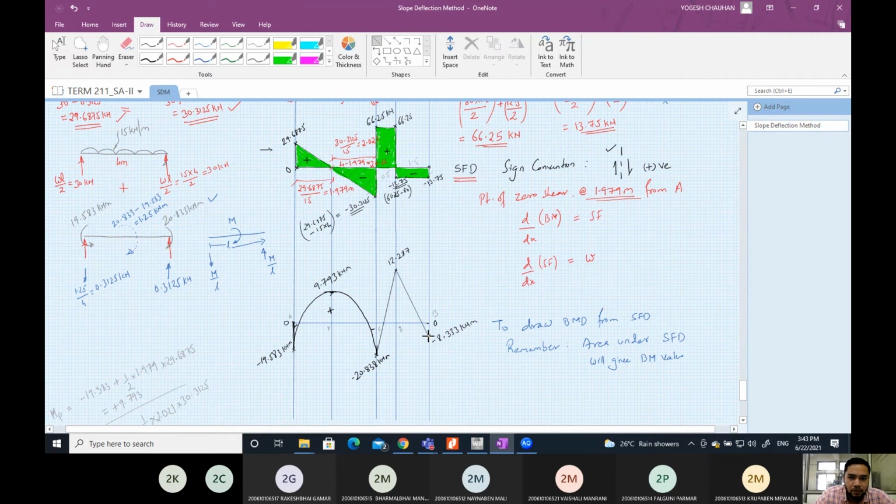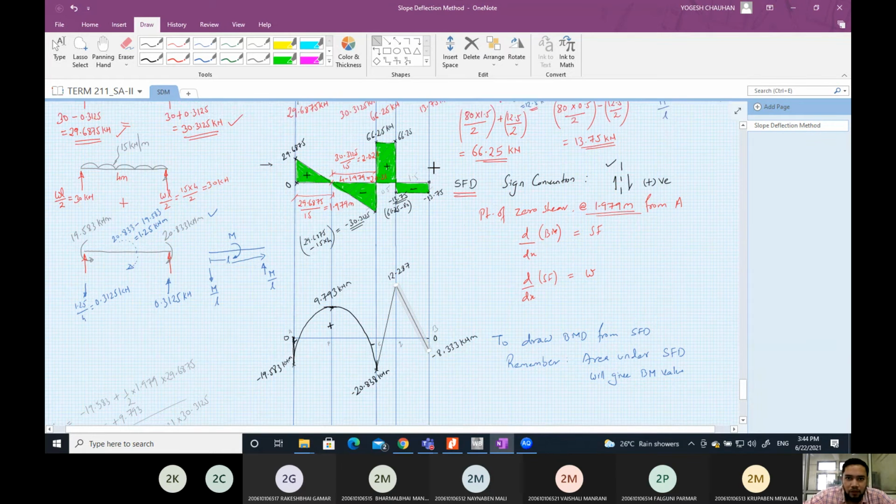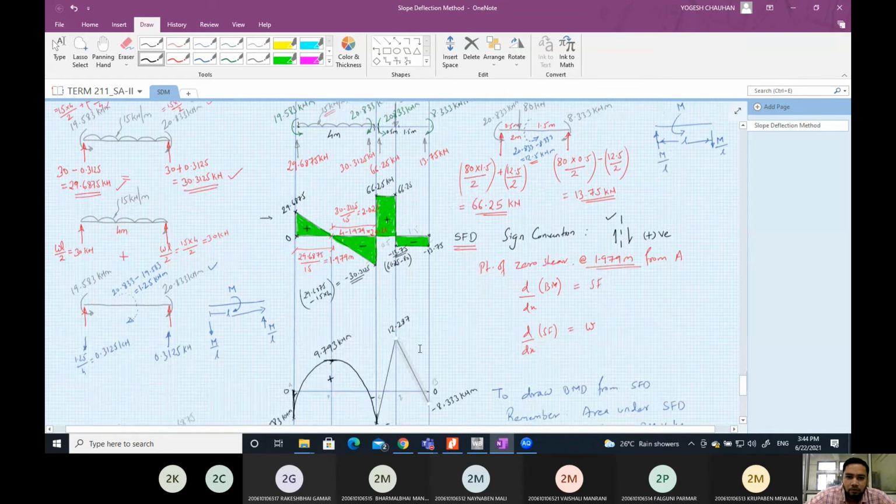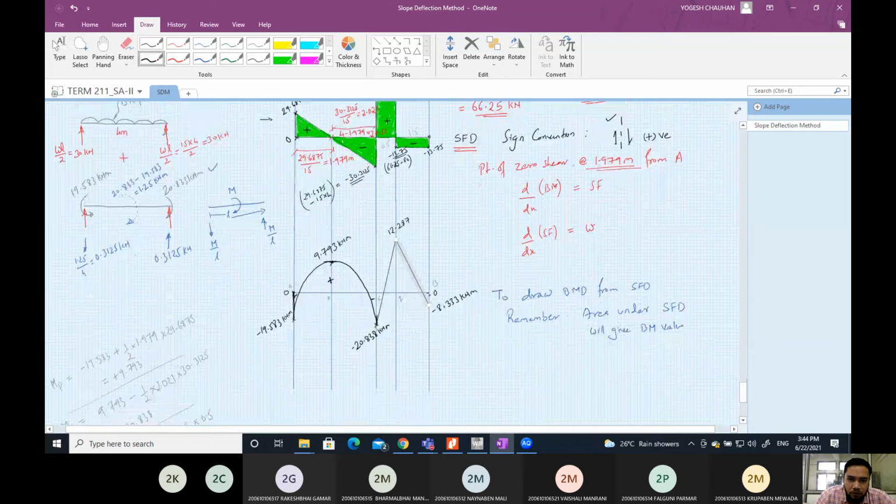Again, this is linear variation of bending moment, and just to the right of this, when you move just to the right of this moment will come into picture, that is 8.333. So your diagram will be closed. So here it will be closed, it will be 0.